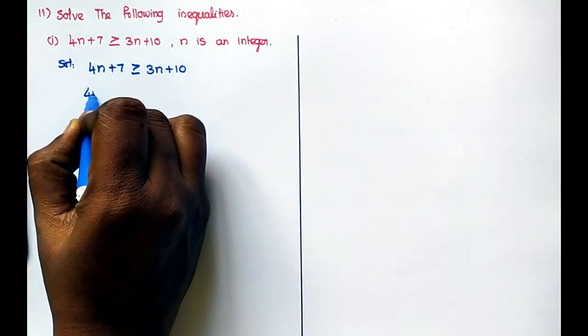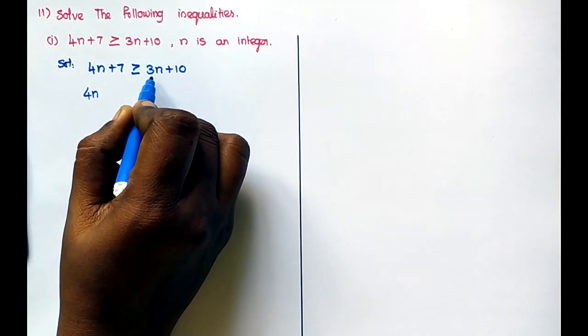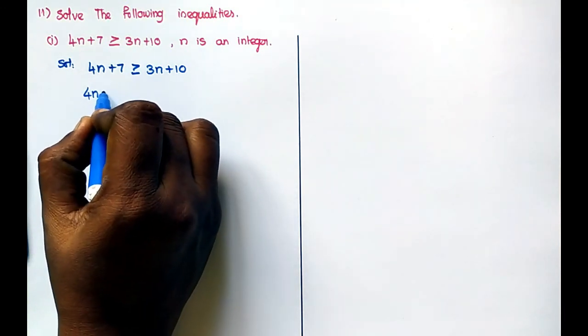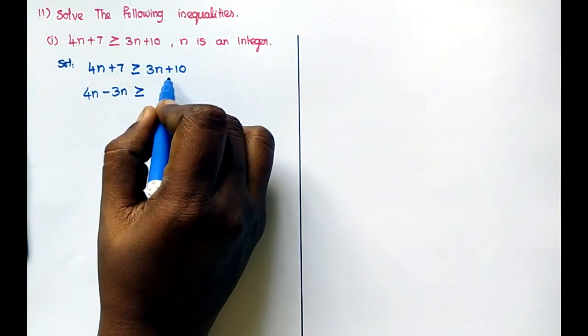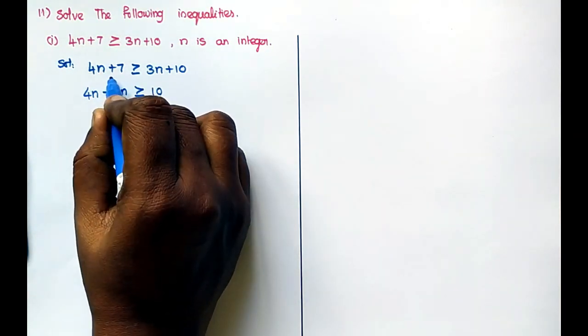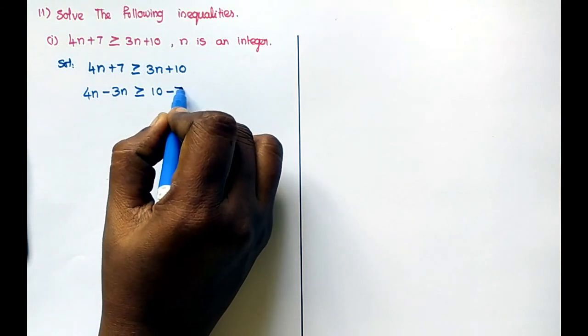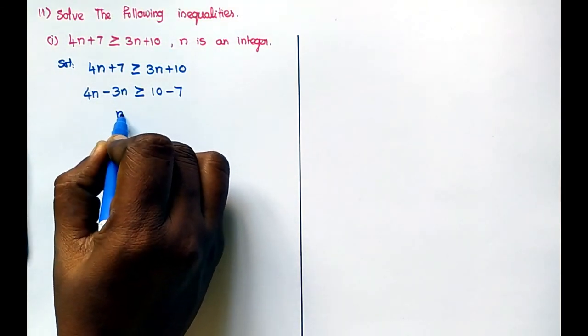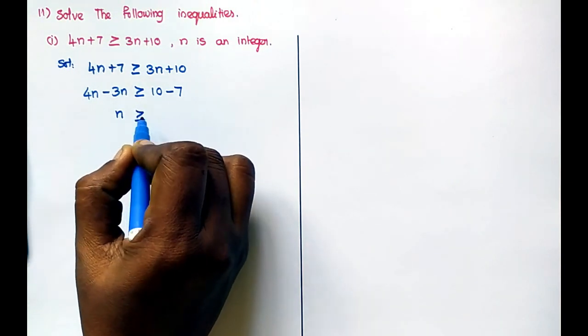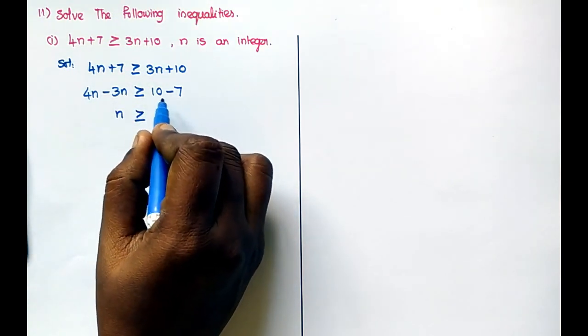So 4n, minus 3n is greater than or equal to 10 minus 7.